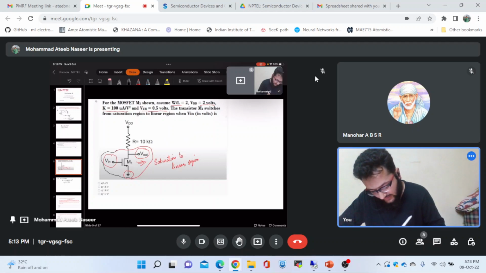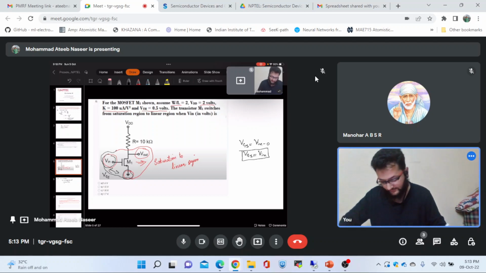Now this VGS will simply be this voltage minus this voltage. This is the VGS. Now VGS is equal to Vin minus 0, so VGS is simply equal to Vin, that is the input voltage that we are applying.